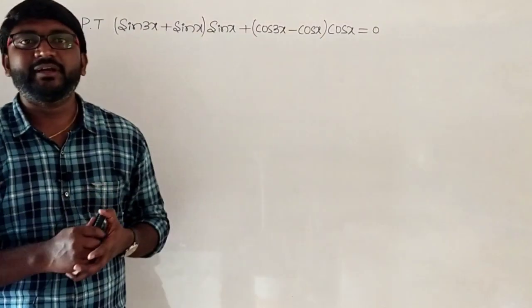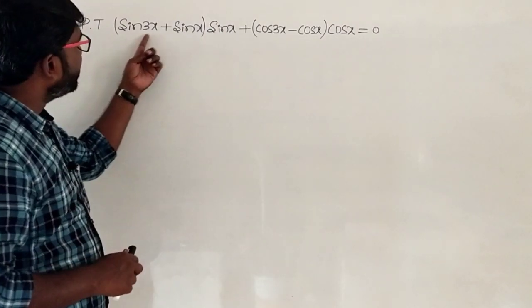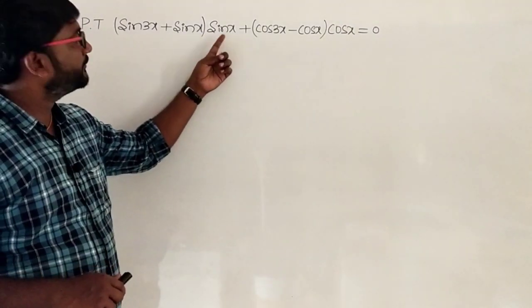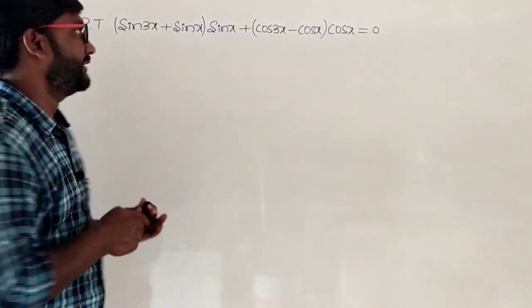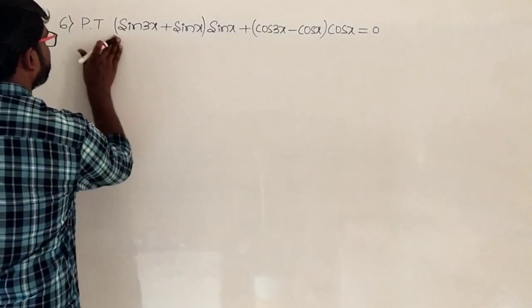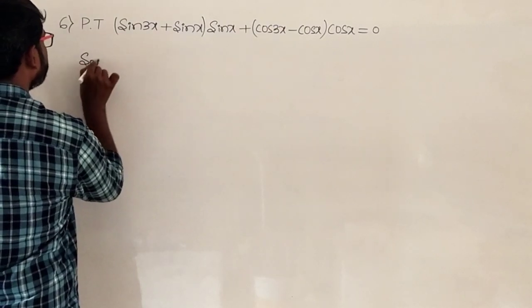Well, the next problem: prove that (sin 3x + sin x) sin x + (cos 3x - cos x) cos x equals 0. So let us take up the LHS. I'll go for the solution.